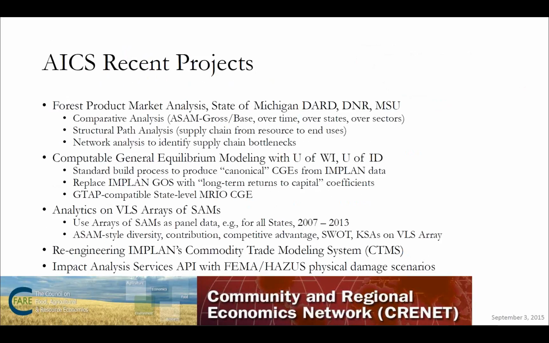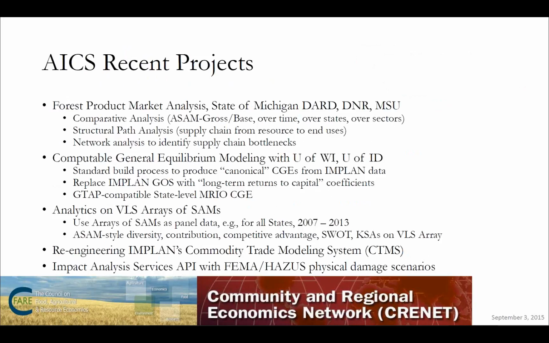Basically what that allows us to do is to treat the social accounts for regional areas as panel data, and then we can do a lot of statistical analysis on the structure and function of regional economies, looking at things like economic diversity, contribution analysis, comparative advantage, etc. KSAs are knowledge, skills, and abilities. We can look at detailed attributes of the labor market.